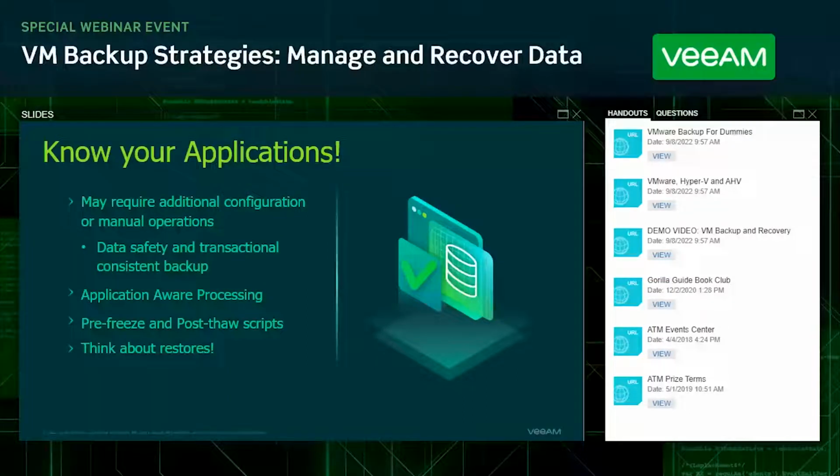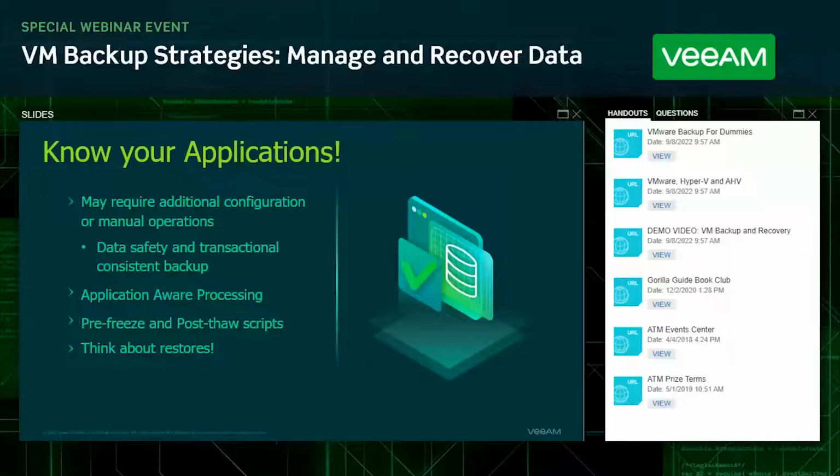We have application-aware processing, which basically piggybacks off the Microsoft VSS shadow copy, which will actually quiesce those applications prior to taking a backup. So you do get those granular recovery options instead of just having a crash-consistent backup. Very handy for AD, right?